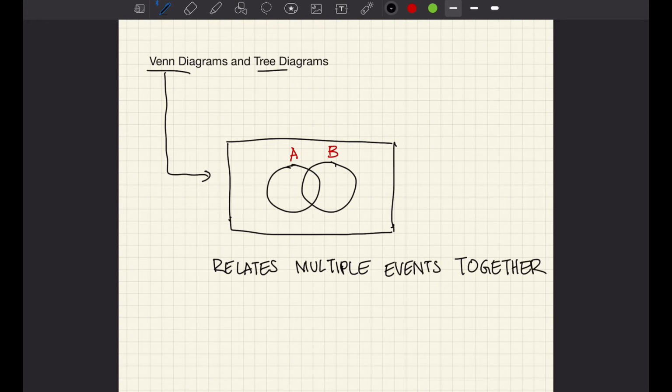So how we see this is this area that I'm shading in green, where A and B both exist. This area in black is just B, and this area in red is just A. So this tells us how A and B relate to each other.